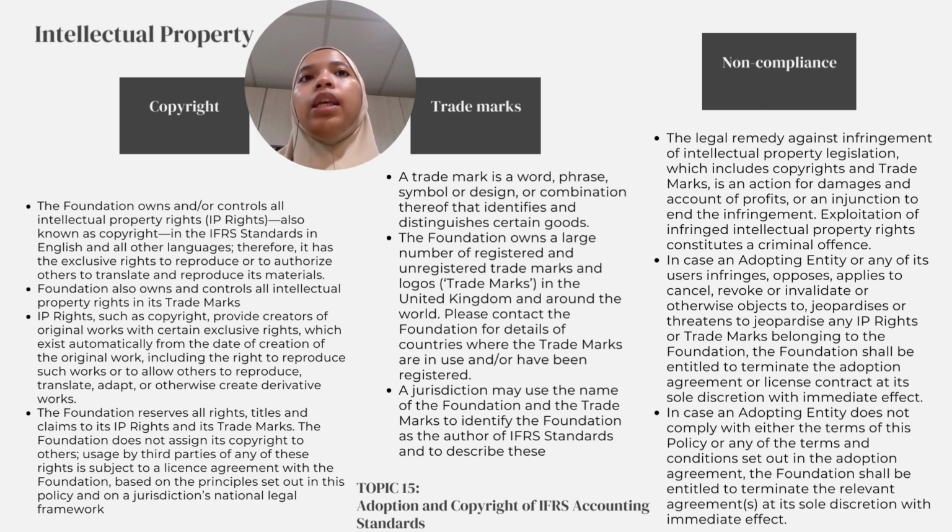So in case any adopting entity or any of its users infringes, opposes, applies for or cancels, revokes or invalidates, or otherwise jeopardizes or threatens the trademarks belonging to the foundation, the foundation should be entitled to terminate the adoption or convergence agreement or license contracts at its sole discretion with immediate effect. Likewise, if the adopting entity does not comply with the terms of this policy or any of the terms and conditions set out in the adoption agreement, the foundation shall be entitled to terminate the relevant agreements at its sole discretion with immediate effect.